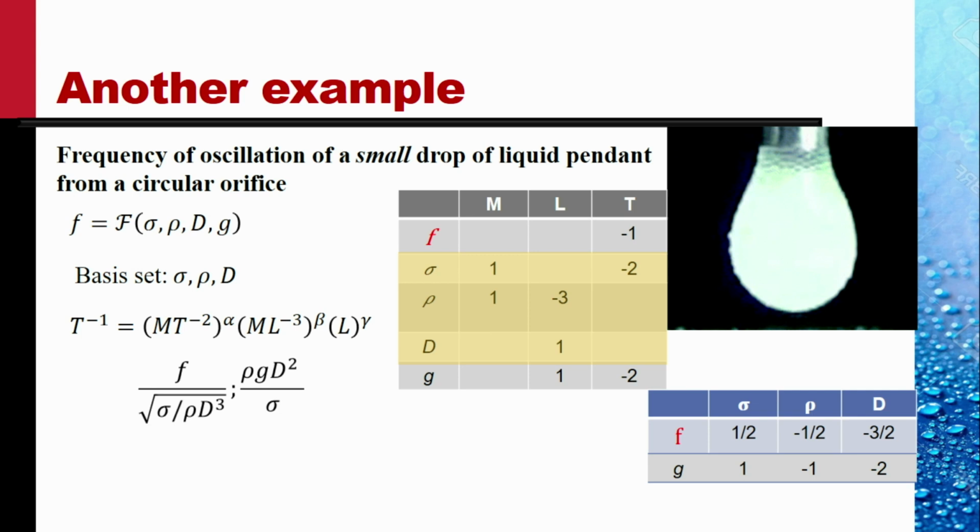The dependent dimensionless group is F divided by under root sigma divided by rho D cube, which is sigma raised to power 1/2, rho raised to power minus 1/2, and D raised to power minus 3 by 2. The independent group of parameters is rho G D square by sigma. And therefore, the functional relationship is simply this: F divided by under the root sigma divided by rho D cube is equal to a function of rho G D square by sigma.